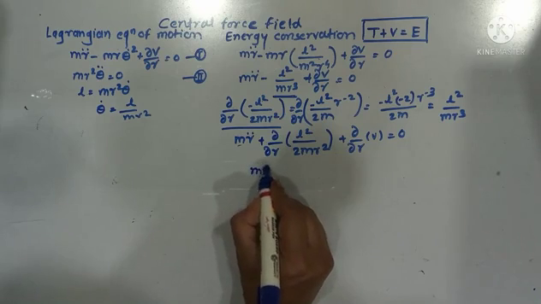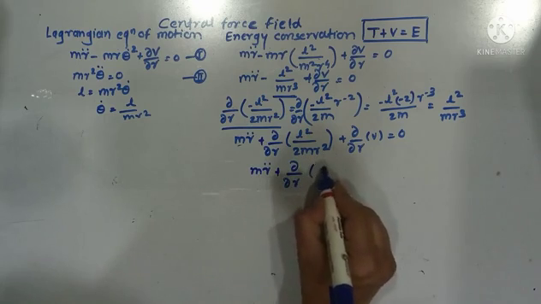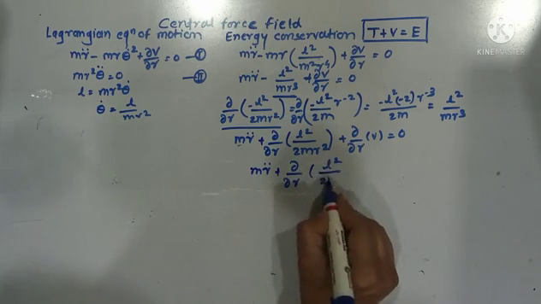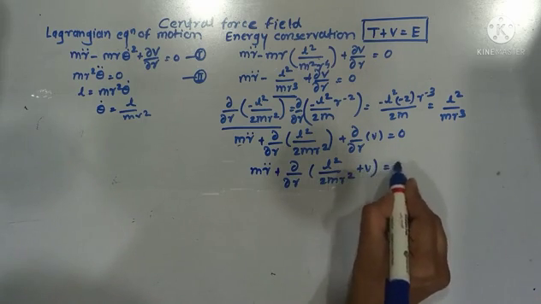I can write this as m r double dot plus dou by dou r of L square upon 2m r square plus V is equal to 0.